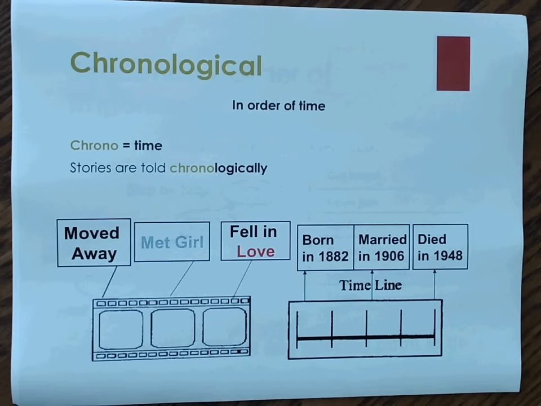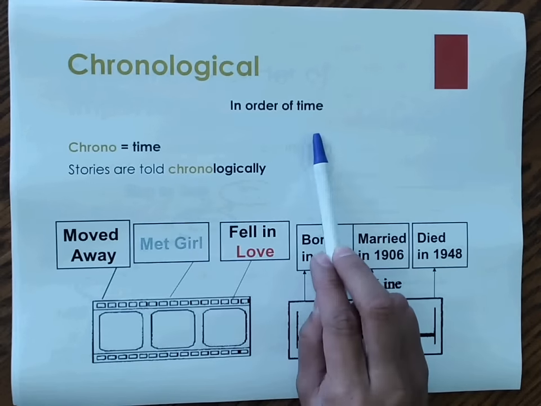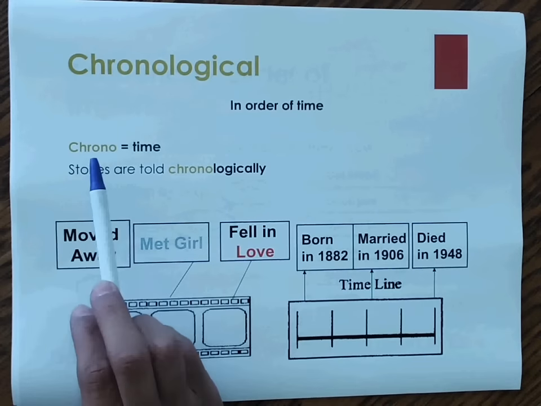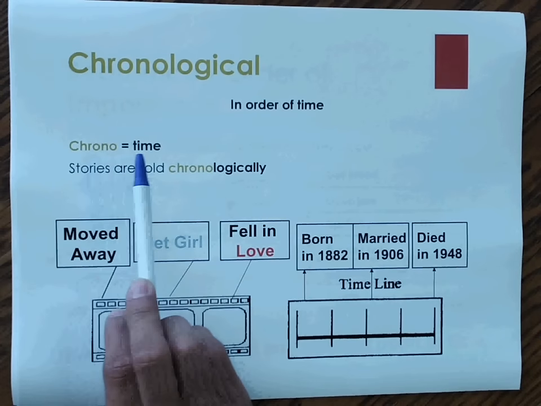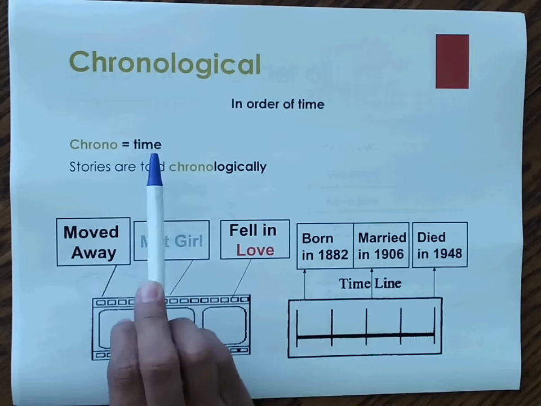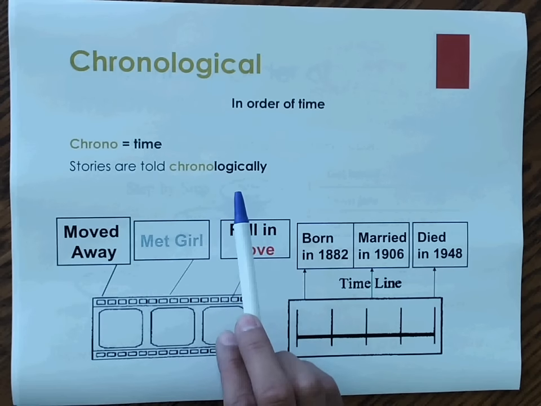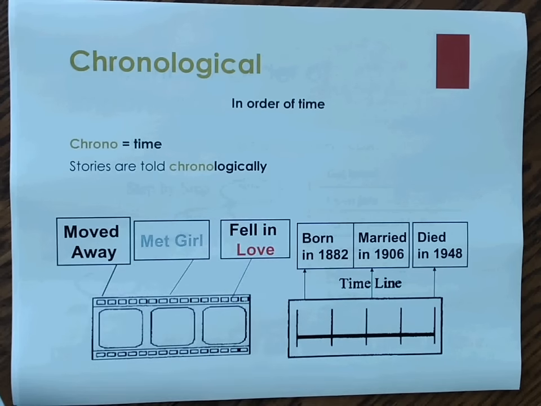The first one is chronological, which means in order of time. If we break down the word chronological, chrono literally means time. So stories are told chronologically in time. Down here we can see some example graphic organizers that help us figure out if something is chronological.